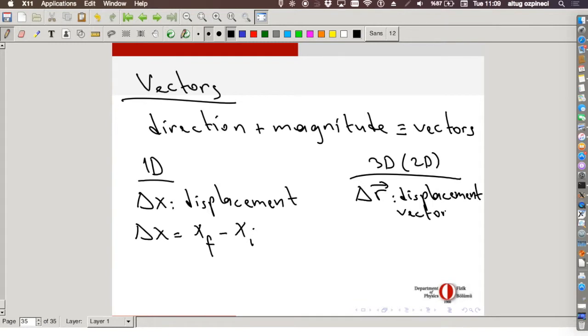So let's say I'm standing here initially, and I move 2 meters in this direction. I will say that my displacement is 2 meters in that direction. That's my displacement vector. I specify the direction and also the magnitude. And we can also define it in this form as the difference of my final position and the initial position.